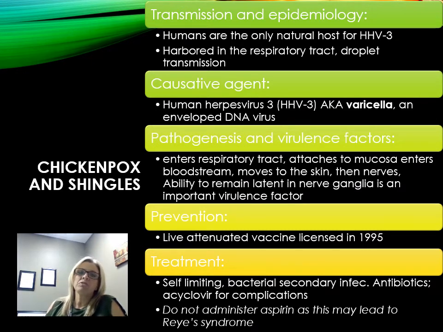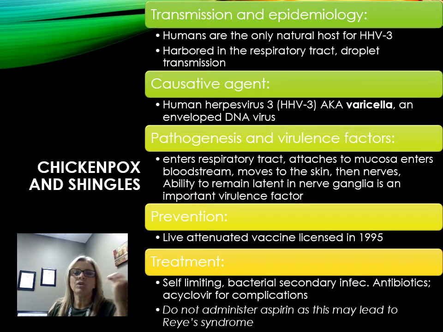People can acquire chickenpox from exposure to the fluid from those lesions of infected persons. A day or two prior to the development of the rash, you can also catch it from someone with it. Chickenpox is so contagious that if you think you may possibly have been exposed to it, you are probably going to get it. So human herpes virus 3 is also known as varicella.